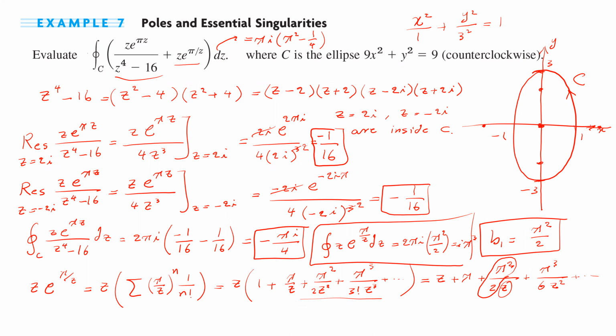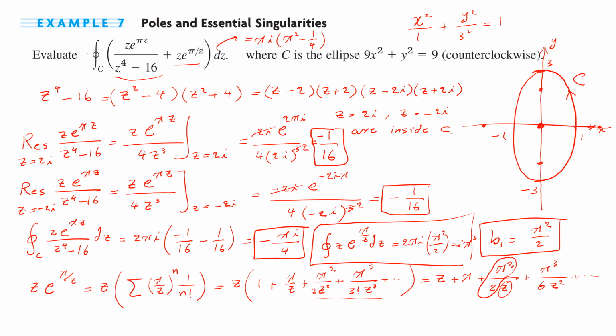The formula that we have for residue is for poles of nth order, not for essential singularity. Oh, so that's where we know. In that case, when we have an essential singularity, we have to write down the Laurent series and find out what B1 is. Right, that's what we did. Okay, thank you, Professor. You're welcome.